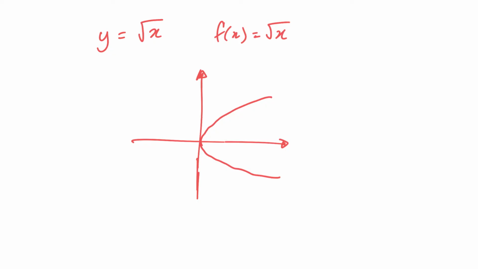If I pick a value for this one, it's a little bit different. So I pick, I don't know, x equals 9. I can get a value that is +3, I can get a value that is -3. So this has a single input, but it has two outputs. And this means this is not a function.